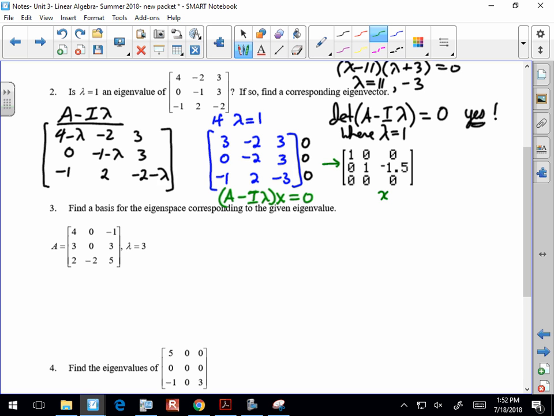So here we're getting x1 equals 0, x2 equals 1.5 x3, and x3 equals x3. All right, so that's our free variable. So what that's telling me is that x, my eigenvector x, is going to be some scalar multiple of 0, 1.5, 1.